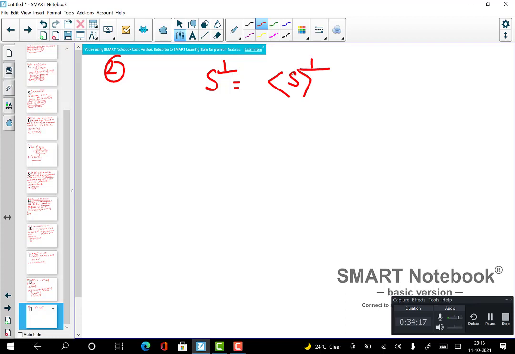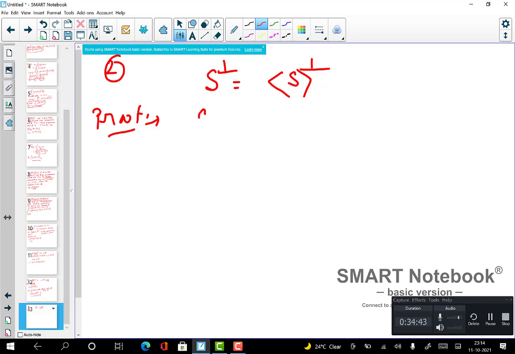So S bar is the same as the orthogonal complement of the space spanned by S. This is the second property. The proof is simple, obviously, and this is homework, you do it.